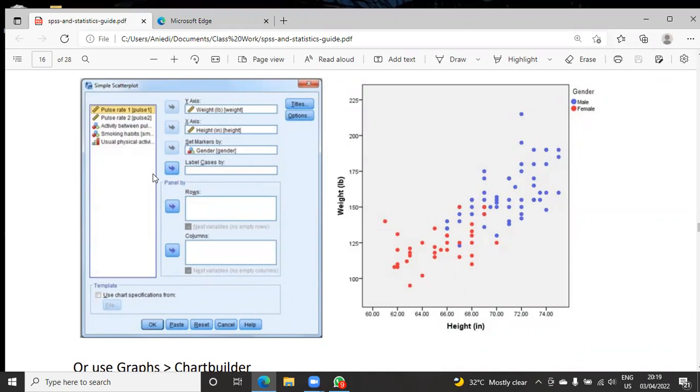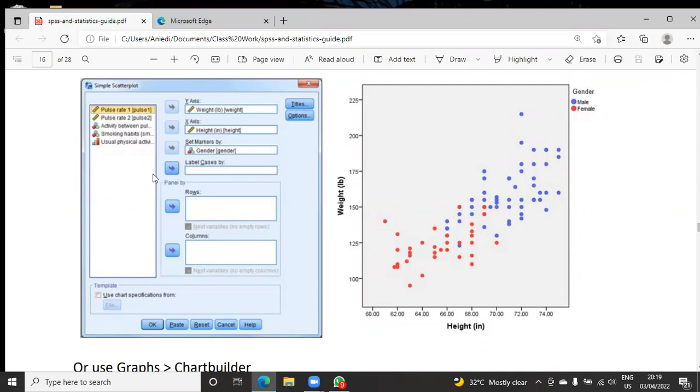So there is an association, a relationship, a strong correlation between weight and height. There's a tendency that somebody who is taller is weightier than somebody who is shorter.